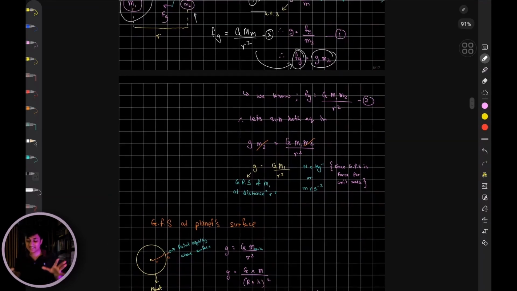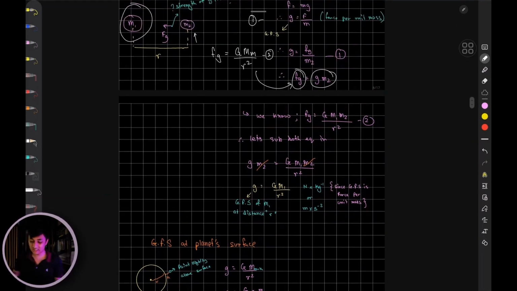Now, there was a simple way to do this. If you had taken the net force, that is G m1 m2 by r square, and just plugged in the value m2 equals 1 kg, you would have gotten the GFS formula, G m by r square.